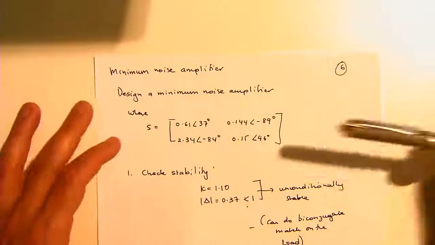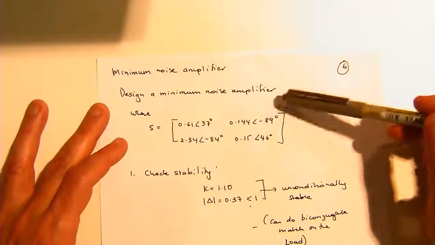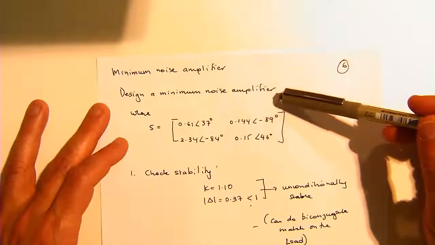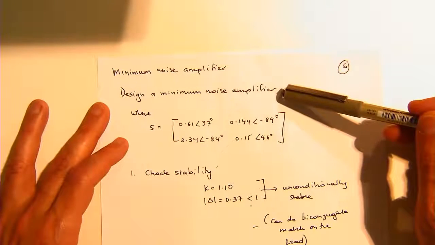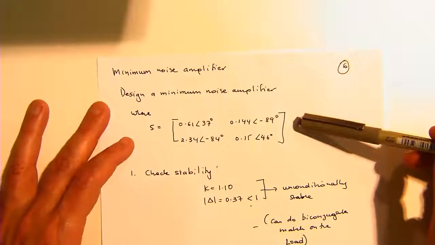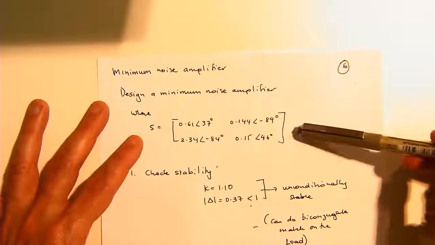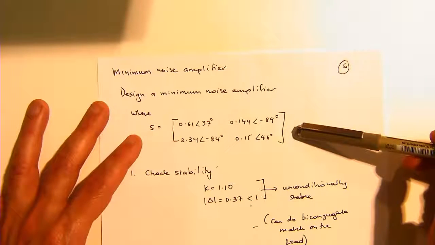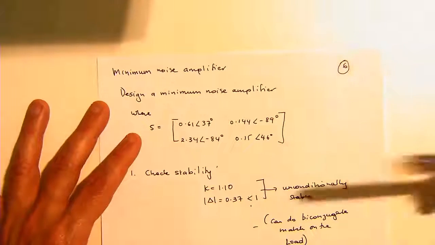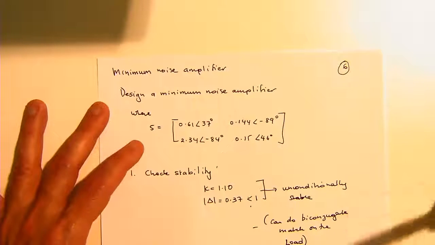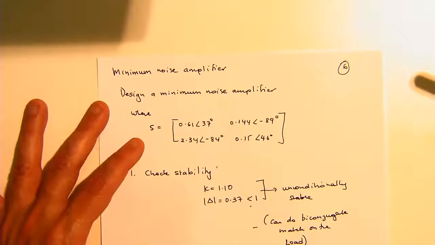All right, so the problem that we've posed is design a minimum noise figure amplifier. And again, we're given the scattering parameters, and we're given these scattering parameters in common source configuration, right? Unless somebody tells you otherwise, you should assume it's common source configuration.